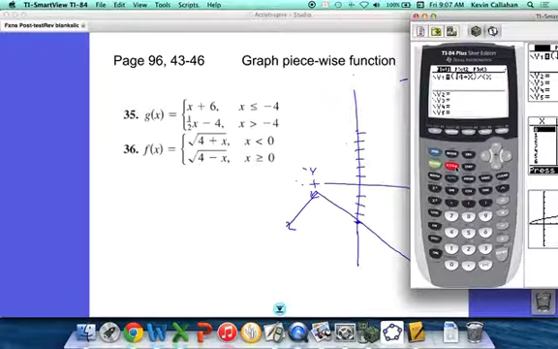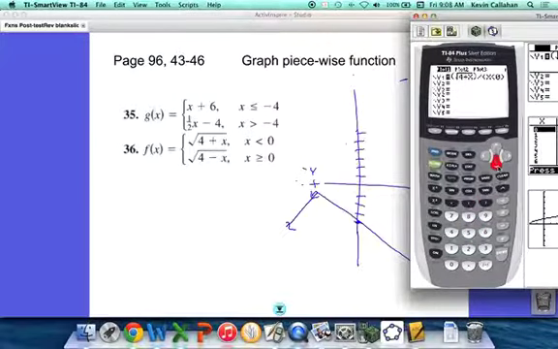X, and where do you find the inequality symbols? Second, math. There's all the symbols you want to use. So for the less than, we use 5, 0.